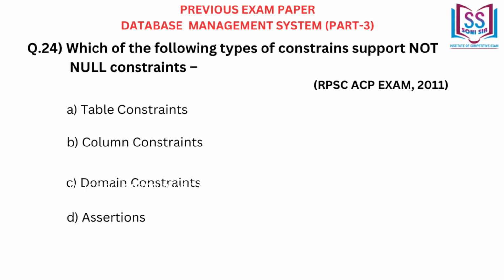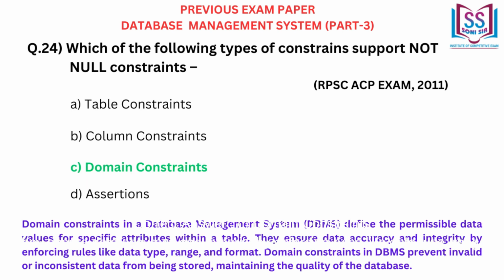Which of the following types of constraints support not null constraints? A. Table constraints. B. Column constraints. C. Domain constraints. D. Assertions. Correct answer C. Domain constraints.